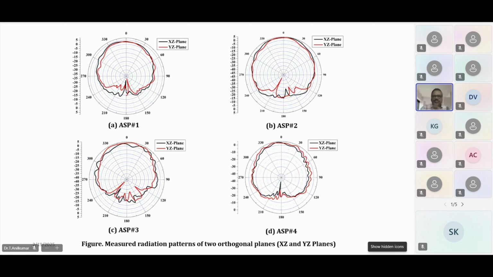If you compare those planes, the difference between them is nothing but the axial ratio. Why am I talking about difference? Because it is a log magnitude, a dB value. The axial ratio is EY by EX, and if you take the log value, it becomes a difference. The difference is nothing but the axial ratio. You can find that axial ratio in the next figure.